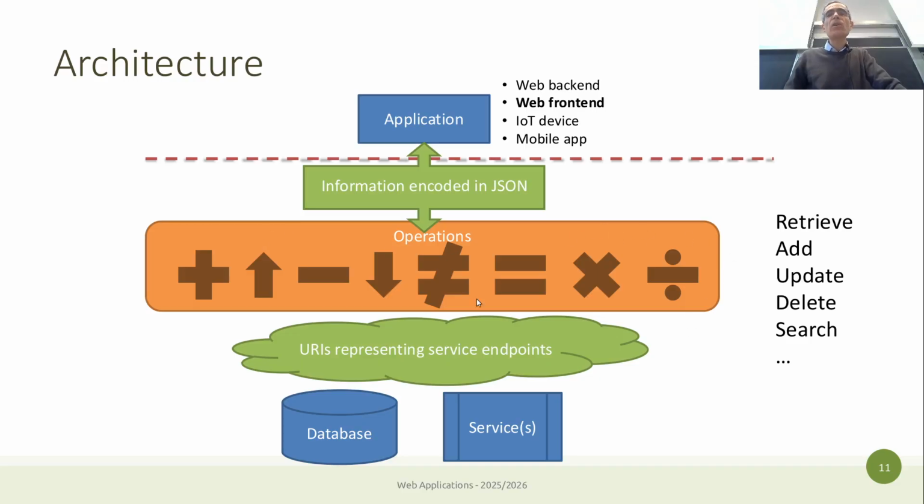And then we need the operations. Operations that are basically the typical operations you do when you manipulate data. Retrieve information, add information, update information, delete information, search information, and so on. Okay? Good. And so now we have all the parts that are needed to build an API.